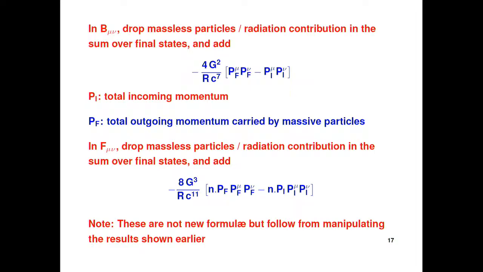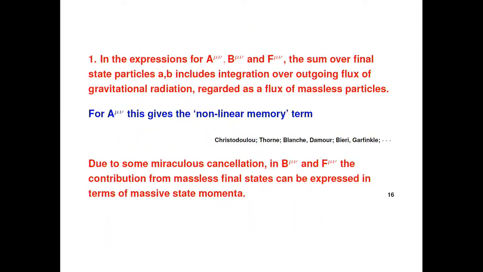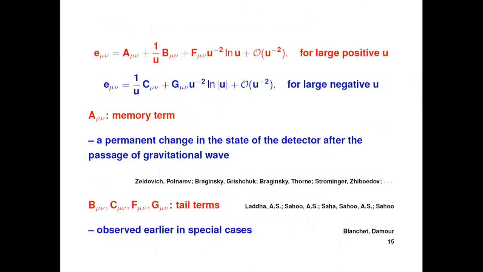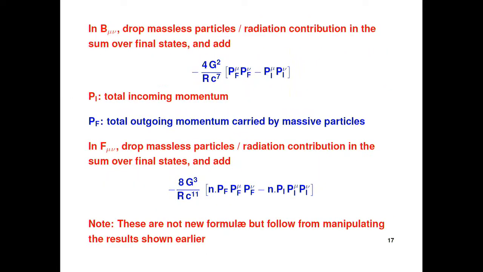Now what I want to emphasize here is that these are not new formulae. These are just rewritings of the original formulae. So even if you didn't know anything about how these formulae came, if I give you this formula, you can check explicitly just by doing some algebra that you can drop all massless contributions in the final state and add these terms and you get exactly the same result.